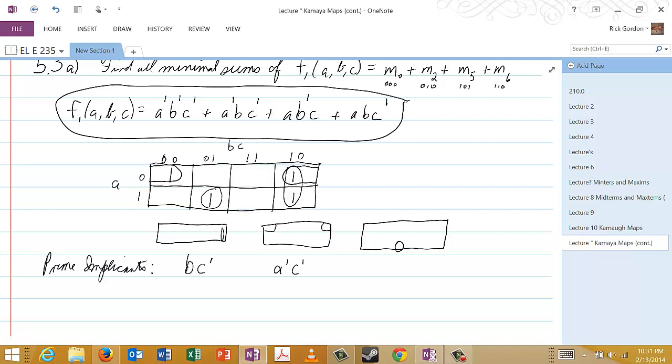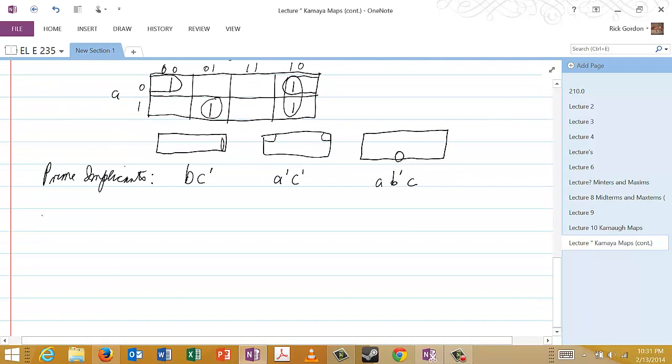Since A is 1 and B is 0 and C is 1, this is A B prime C. So now we have listed all of the prime implicants in this problem, and that concludes steps 1 and 2.